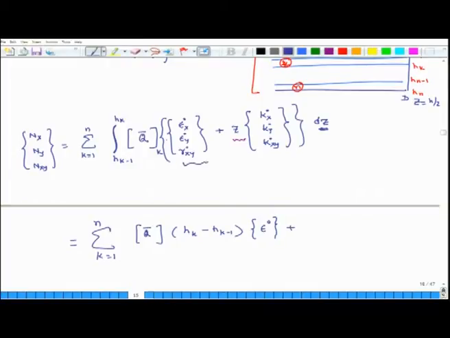So, this is epsilon naught bar and this is k naught bar, k. For purposes of brevity I am just doing this.